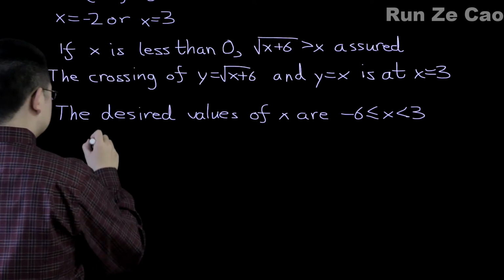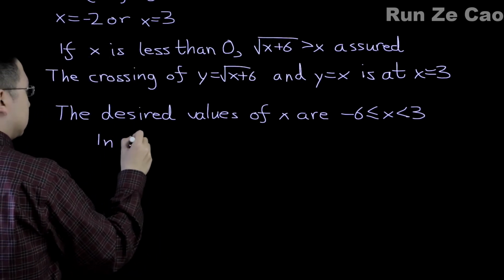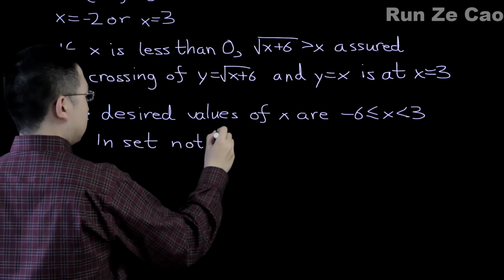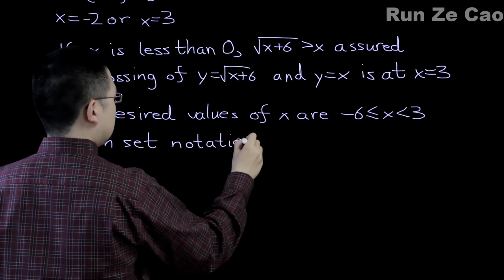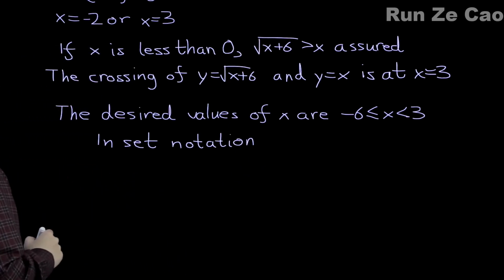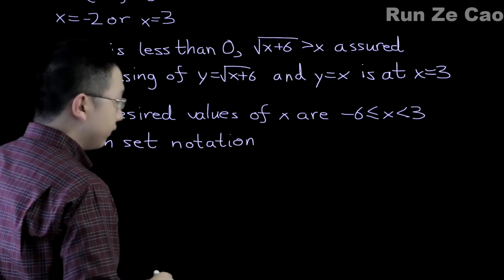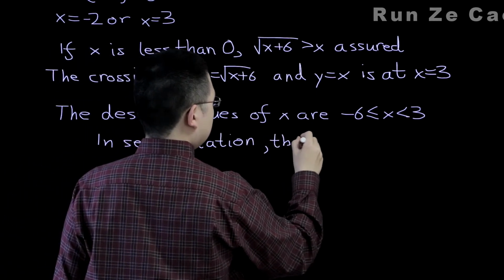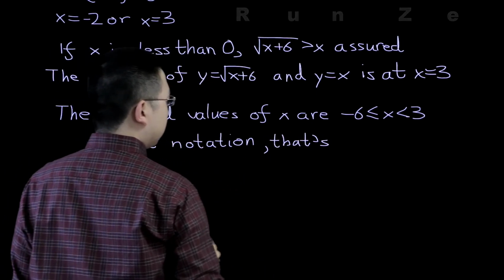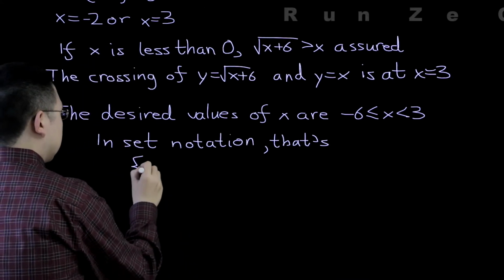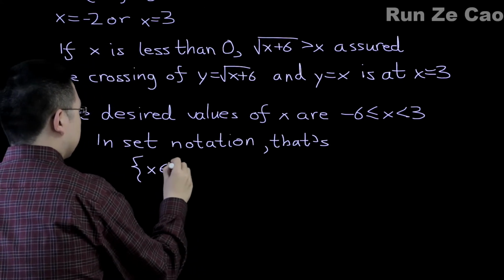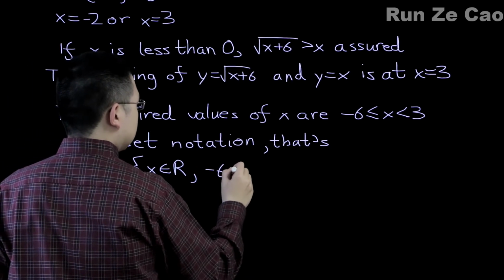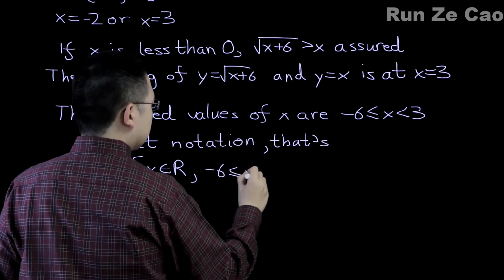Now, in set notation, well, first of all, we of course need to state that x is an element of the real numbers, and then we do this part.